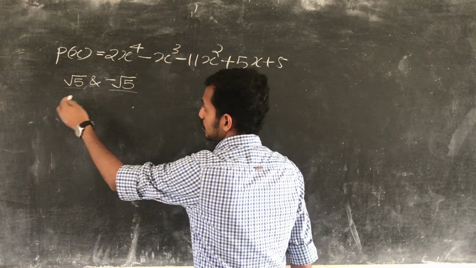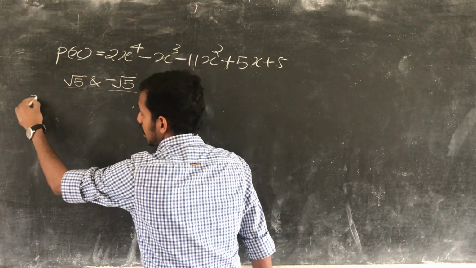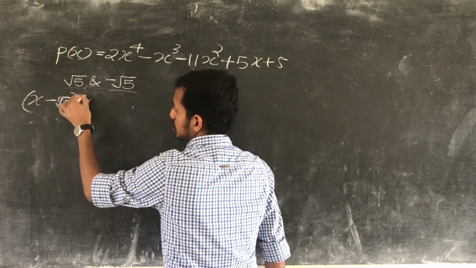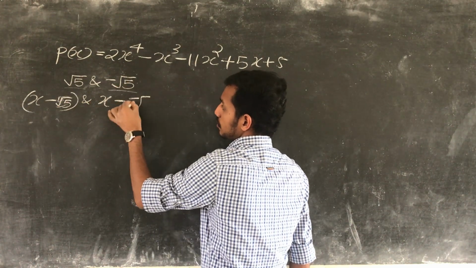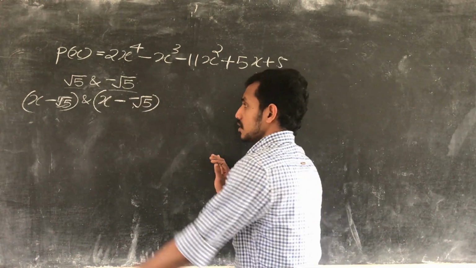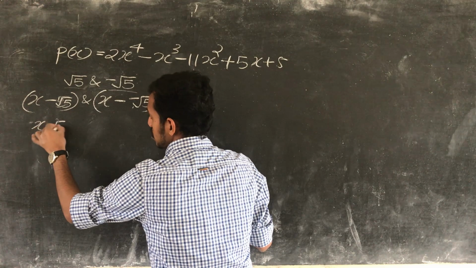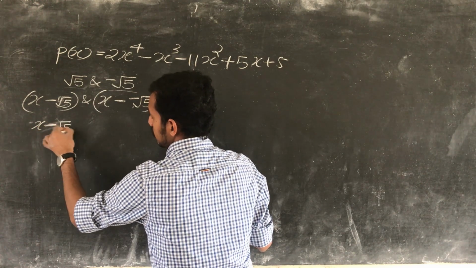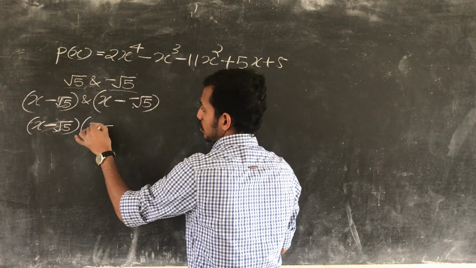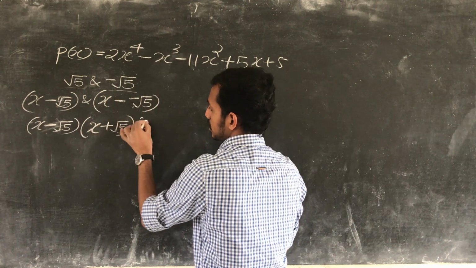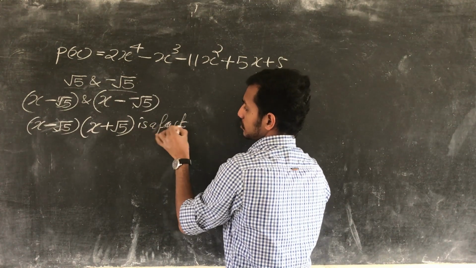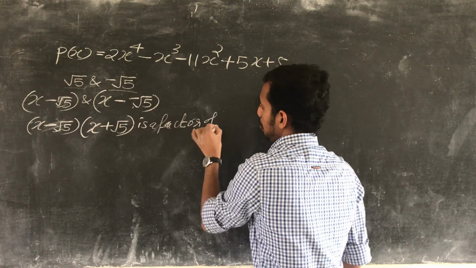So we can write the factors of this polynomial as x minus root of 5 and x minus of minus root of 5. We already discussed this in the previous section. That is, x minus root of 5 into x plus root of 5 is a factor of p of x.